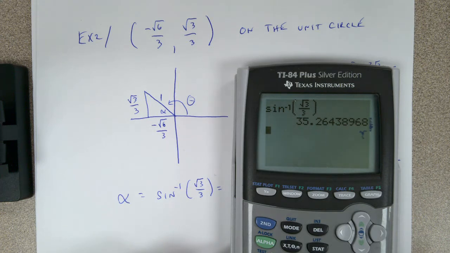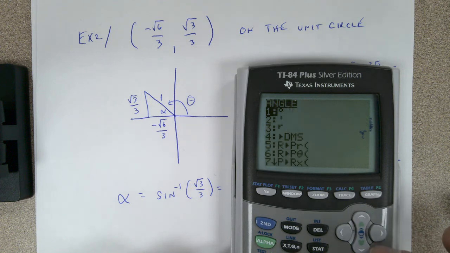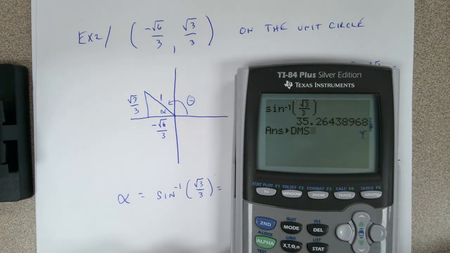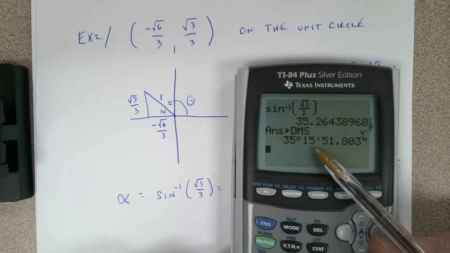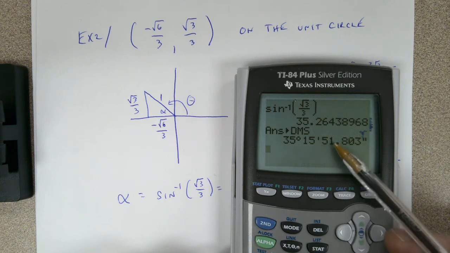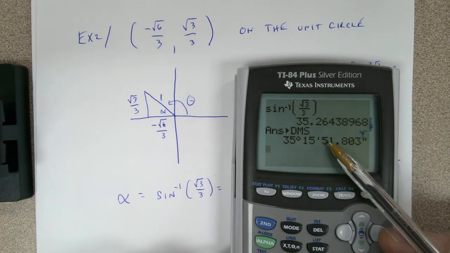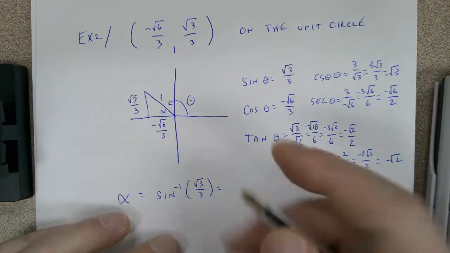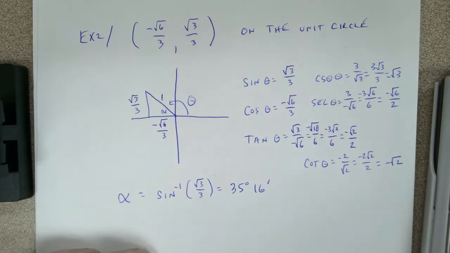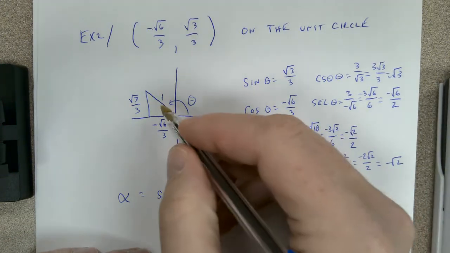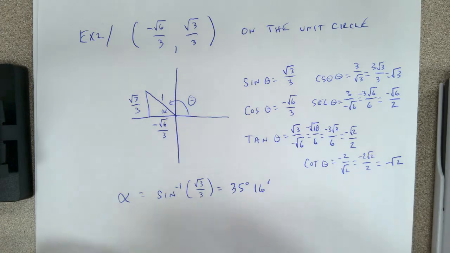And then we're going to go ahead and take that and change it to degrees, minutes, and seconds. Hit enter, enter again. So 35 degrees. Notice here, if I'm rounding it to the nearest minute, this is bigger than 30 seconds. So 35 degrees and 16 minutes is going to be my alpha. Again, that is the value of this angle here.